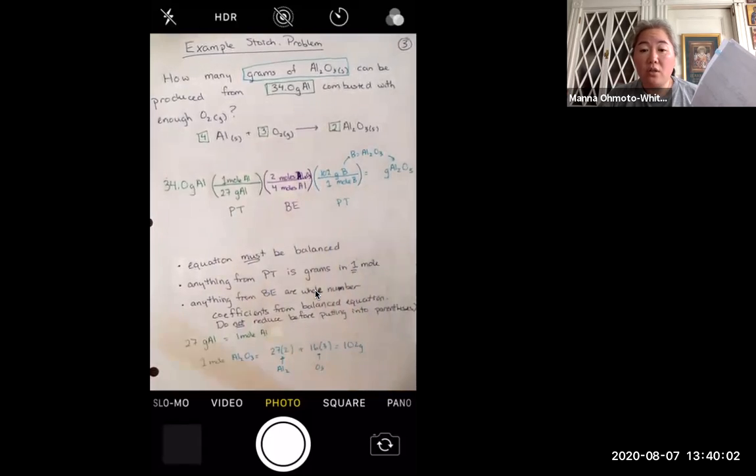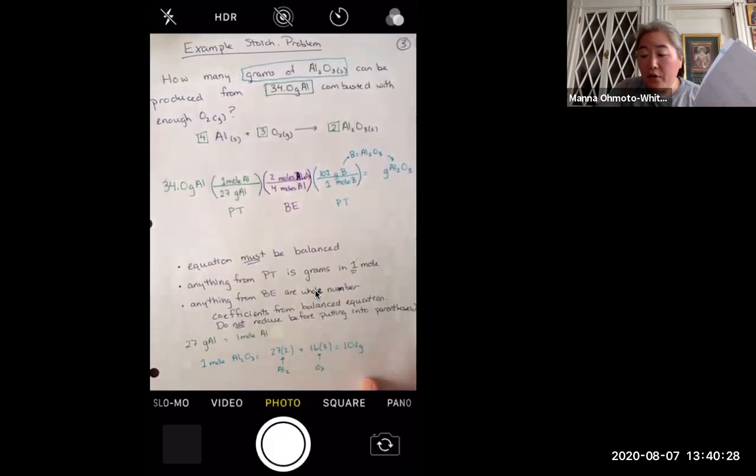I could reduce them to 1 over 2, but it is a good idea to continue to just put the coefficients as is from your balanced equation, so that again, when you check your work, you're not simply just plugging numbers that you have into your calculator, because that's not checking your work, but you're actually making sure that your conversions make sense.